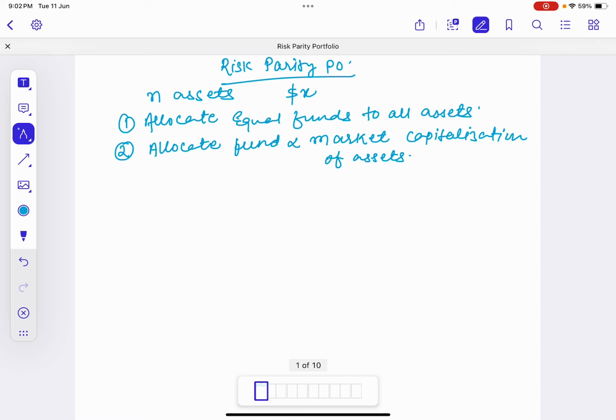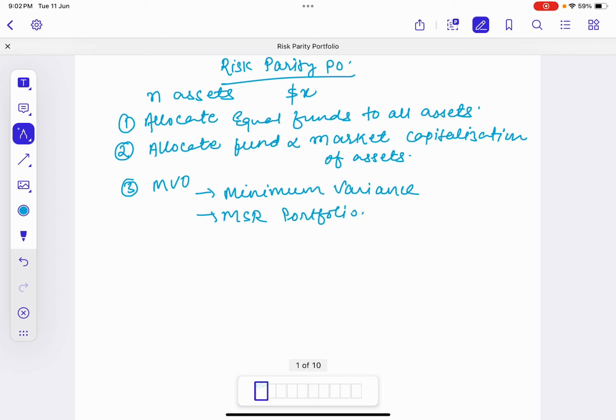Now the third strategy can be about MVO, the mean variance optimization method. So you can use the MVO method as well to allocate your funds to these n assets. One of the methods can be the minimum variance method, and the other method can be the MSR portfolio, basically the maximum Sharpe ratio portfolio.